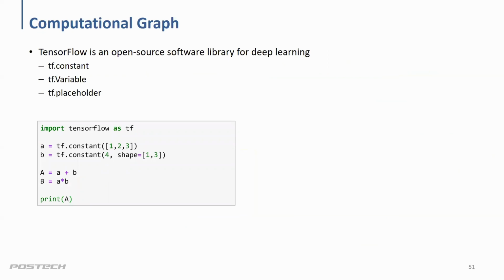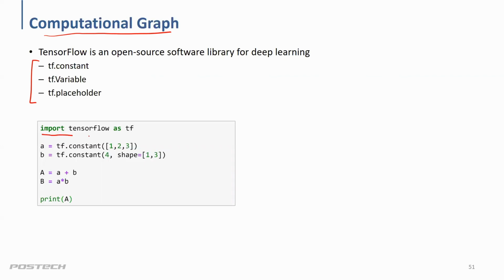Here, for the computational graph, there are three key data types that you should remember in TF.